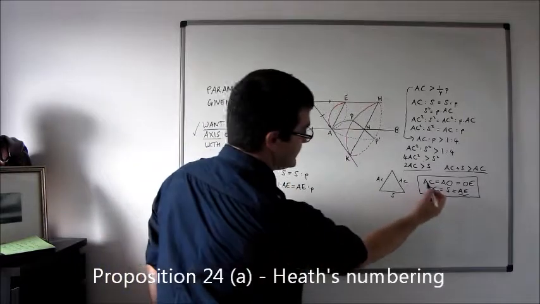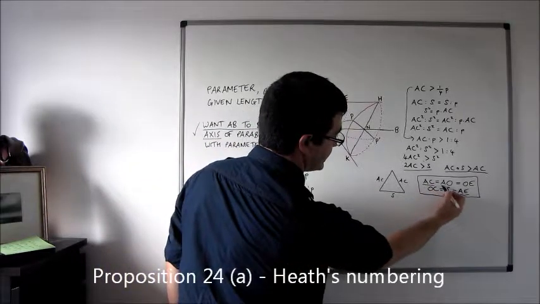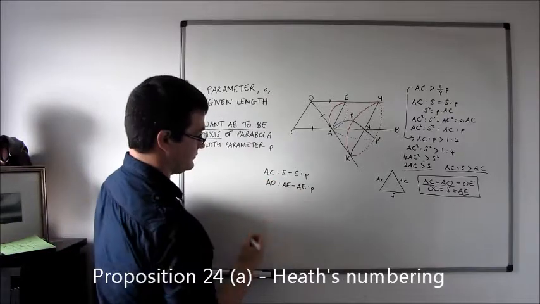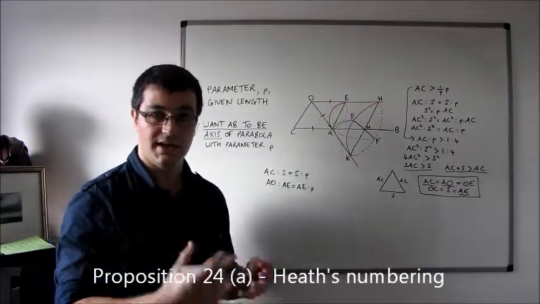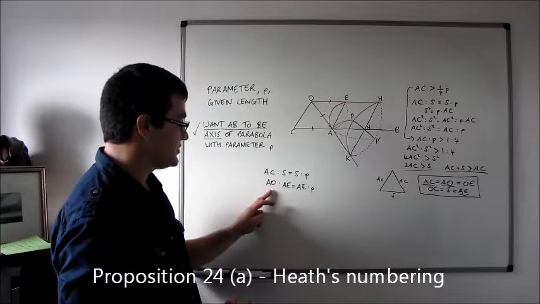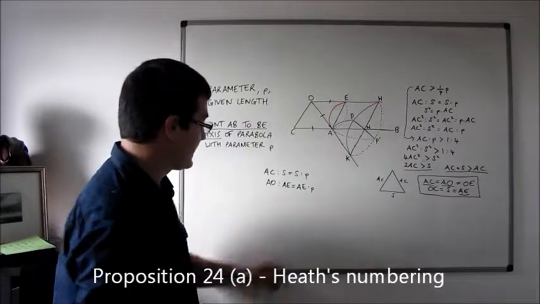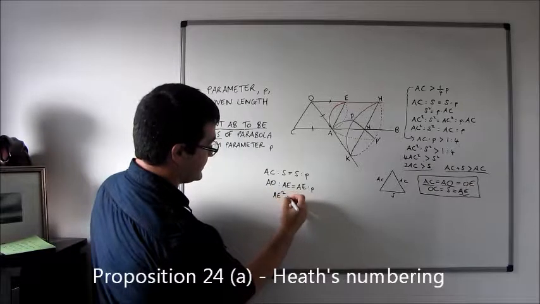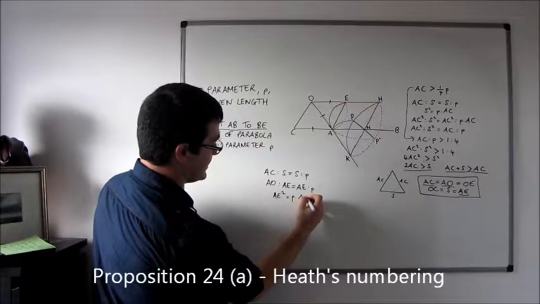And AC is equal to AO. So therefore, AE is actually a mean proportional between AO and P. So, namely, we get AE squared is equal to P times AO.